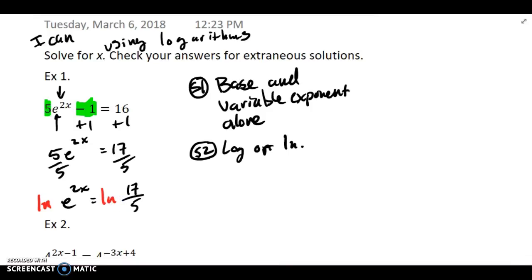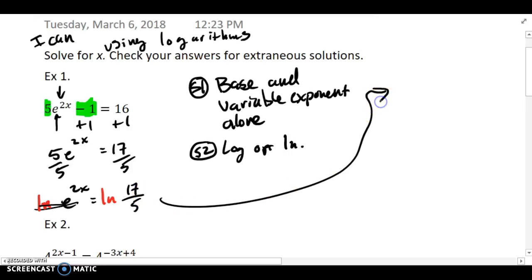And that's going to cause this to cancel. So we're going to get the calculator out in a minute. So what's left on the left is 2x. And then we have the ln of 17 over 5. Then we're going to divide off the 2. So x is equal to this.